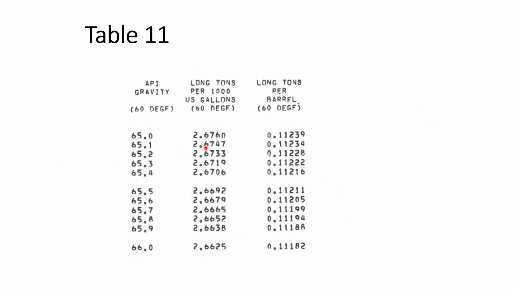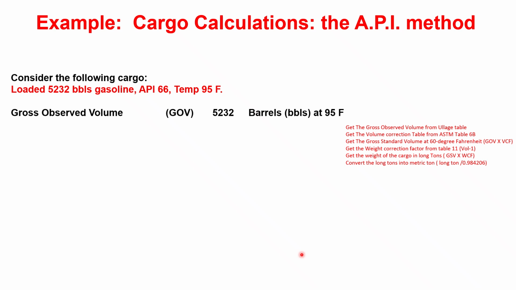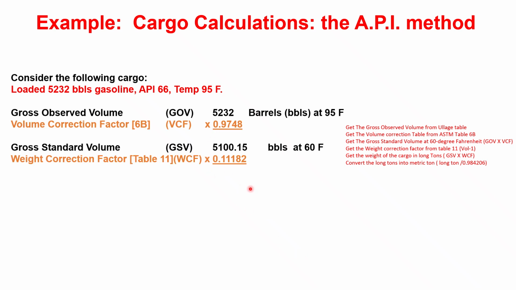You go to Table 11, to the column long tons per barrel, and as your API gravity is 66, you get the weight correction factor 0.11182. You multiply that with the volume and you get the weight of the cargo. That weight is in long tons, 570.29, right?